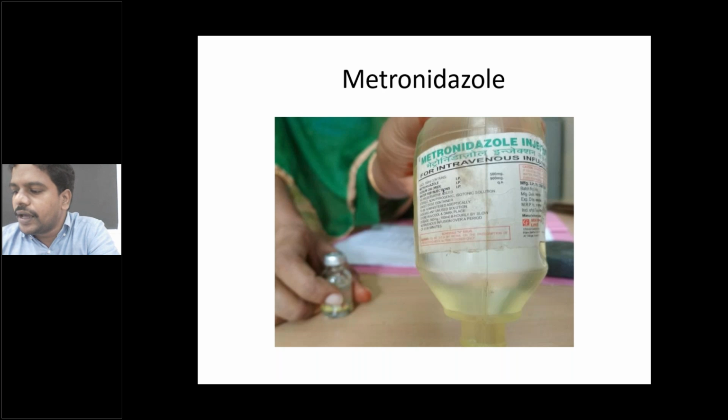For treatment of anaerobic infections, gastroenteritis, and amoebiasis.